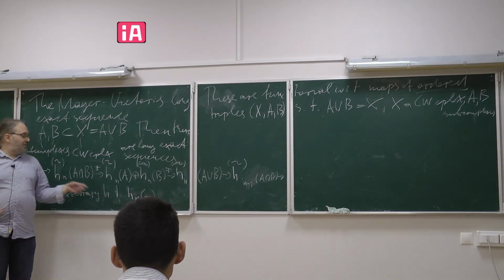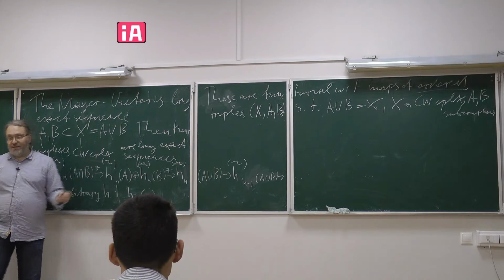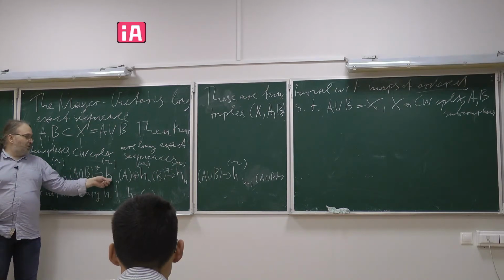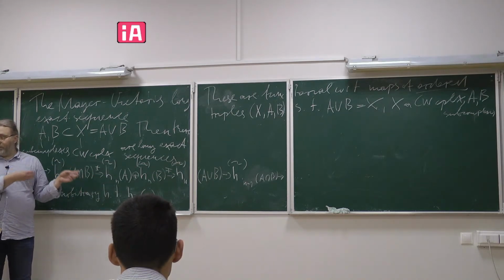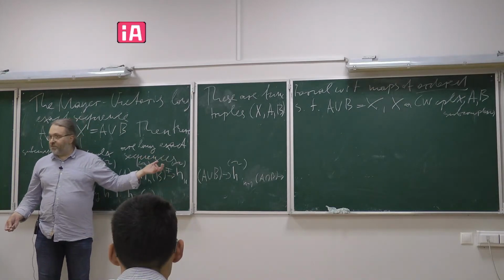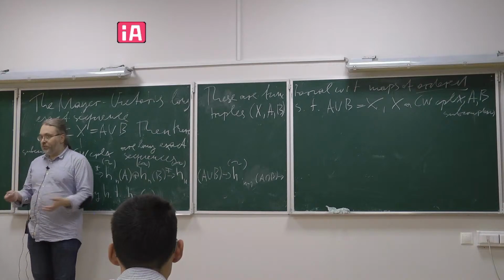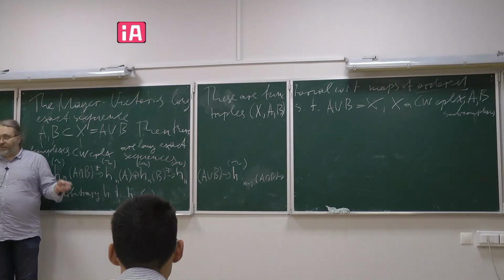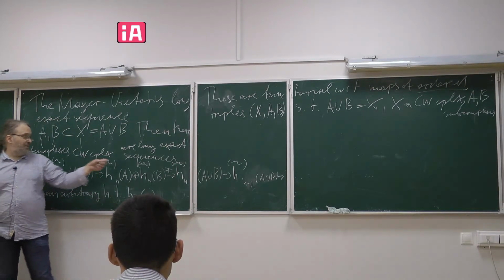And so altogether we have 4 maps. And to define this one, we take the sum, and to define this one, we take the difference. Or we could do this the other way around. We could take the difference here and the sum here.